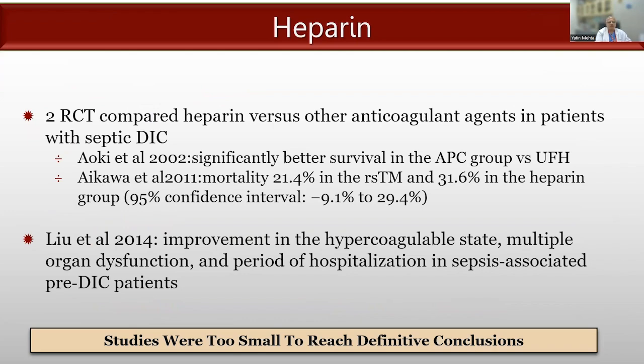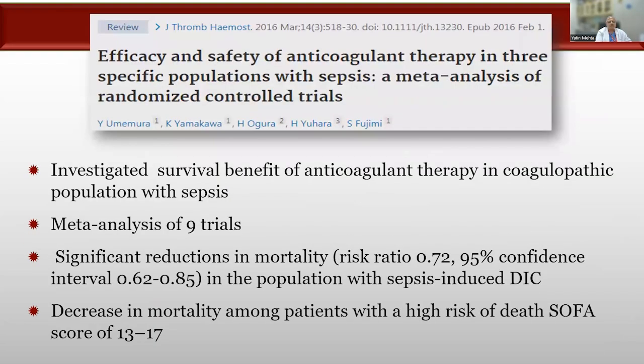Thrombomodulin showed a mortality of 21% compared to 31% in the heparin group. In three specific populations with sepsis, they compared in a meta-analysis of a large number of 9 trials, a significant reduction in mortality in the population with SIC.